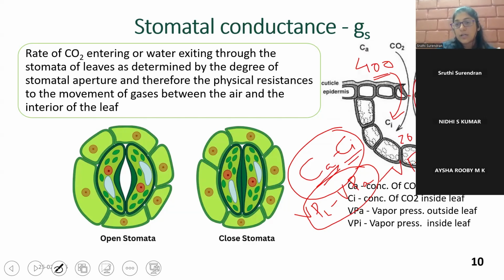So water is always traveling from inside the leaf to outside. The other way around doesn't happen, because inside the leaf it is always saturated, and there is no accessibility for water to enter the leaf from the stomata. The water vapor in the atmosphere is always going to be less than what is inside the leaf.